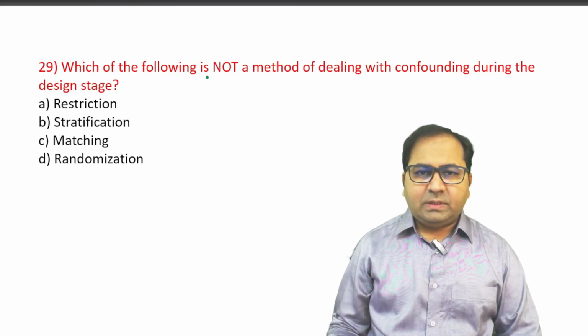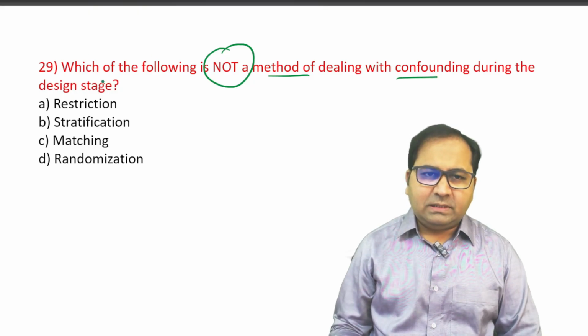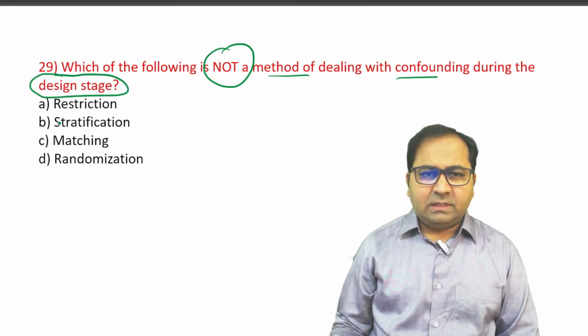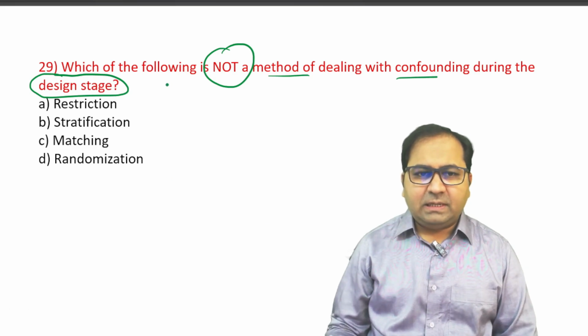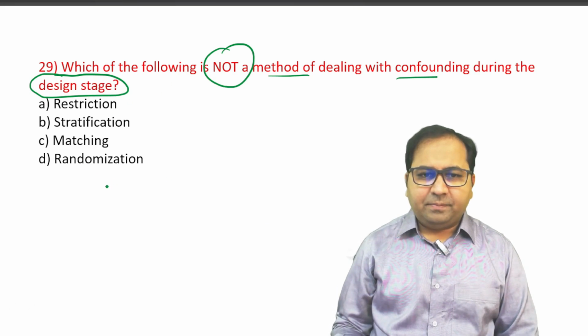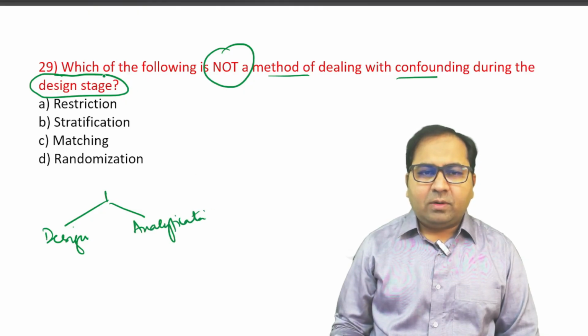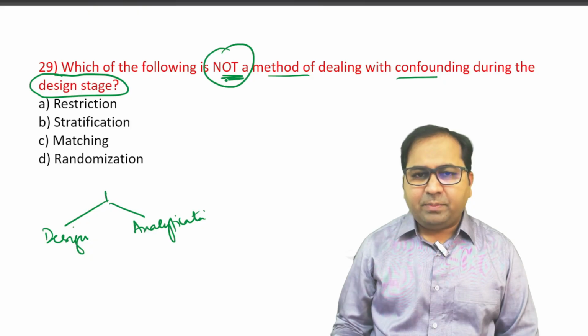Next question. Which of the following is not a method of dealing with confounding during the design stage? The options are A. Restriction, B. Stratification, C. Matching, and D. Randomization. This question is asked again and again. We have seen that there are two stages: design stage and analytical stage. In our question they have asked which of the following is not a method.